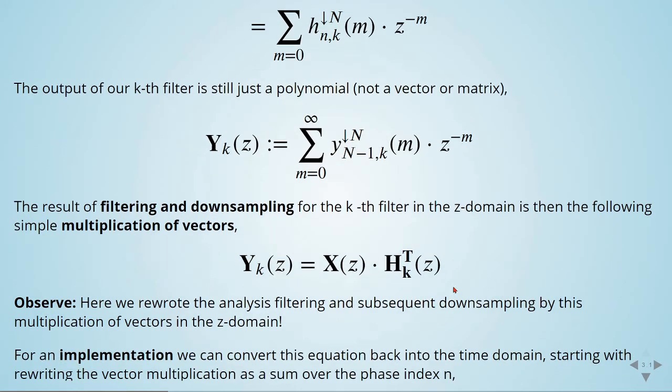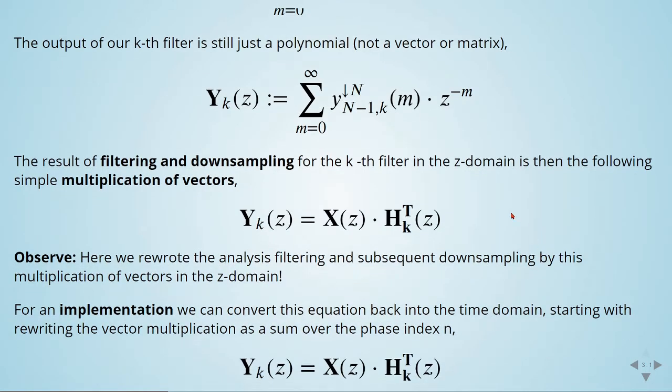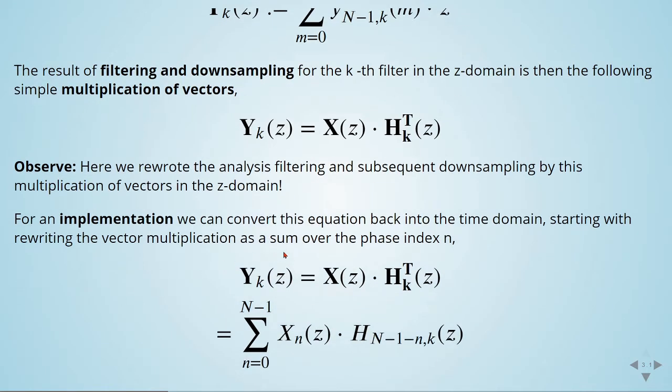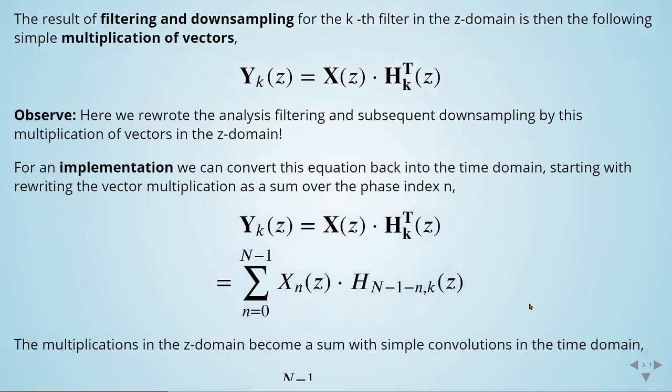Observe here we rewrote the analysis filtering and subsequent downsampling by this multiplication of vectors in the Z domain. For an implementation, we can convert this equation back into the time domain, starting with rewriting the vector multiplication as a sum over the phase index n.